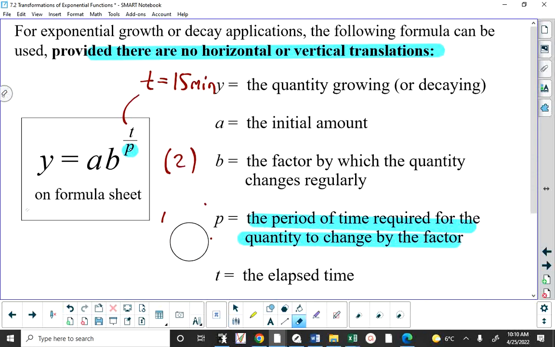B is the factor by which the quantity changes. So in the example that Maddie had asked about, since the population was going up by 1.27%, B was 1.0127, 101.27%. T is the time, and A is the initial amount.